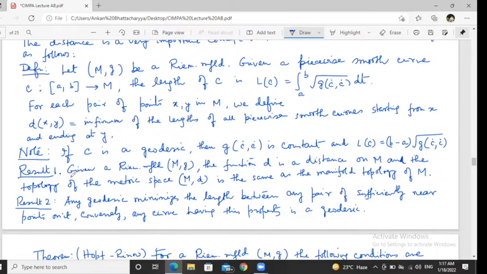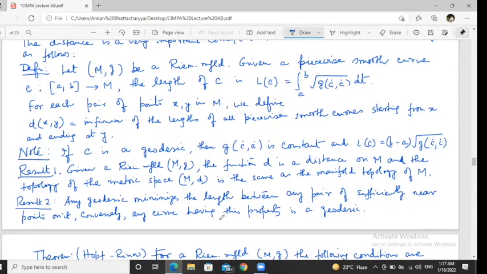Now, result one: given a Riemannian manifold (M, g), the function d is a distance on M, and the topology of the metric space (M, d) is the same as the manifold topology of M. Result two: any geodesic minimizes the length between any pair of sufficiently near points on it.